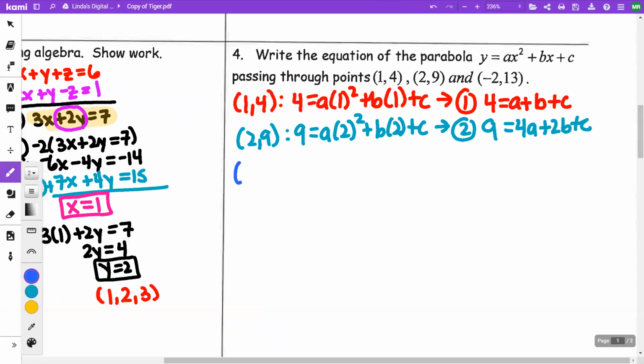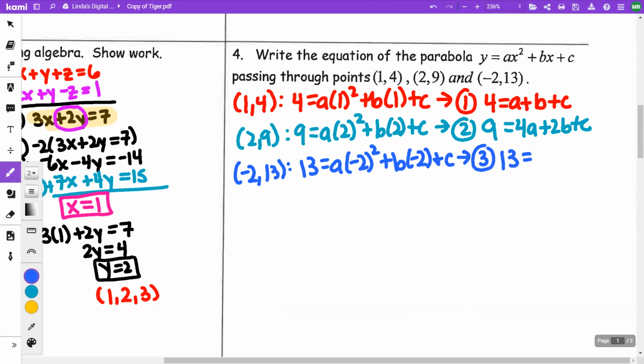And (-2, 13) is going to give us 13 is equal to a times -2 squared plus b times -2 plus c. So that's going to give me 13 is equal to 4a minus 2b plus c.